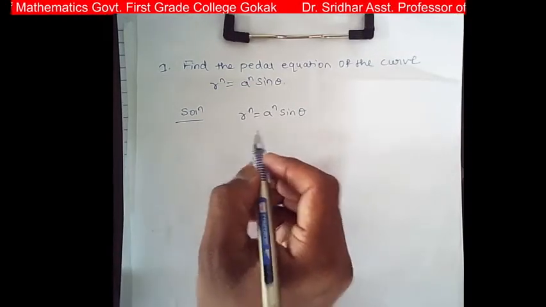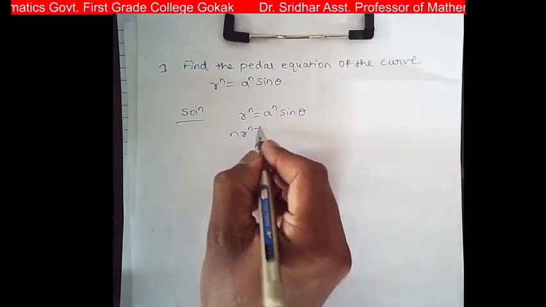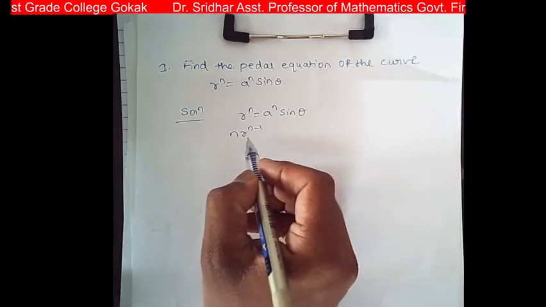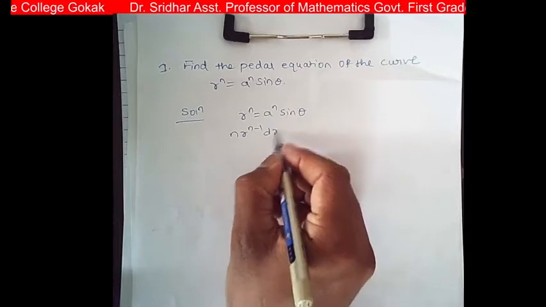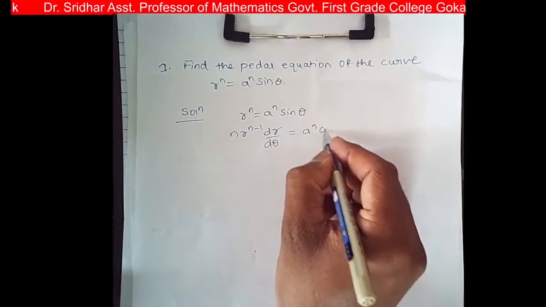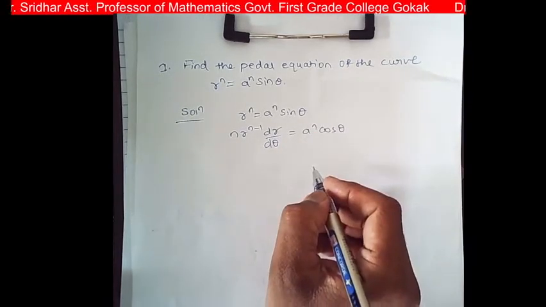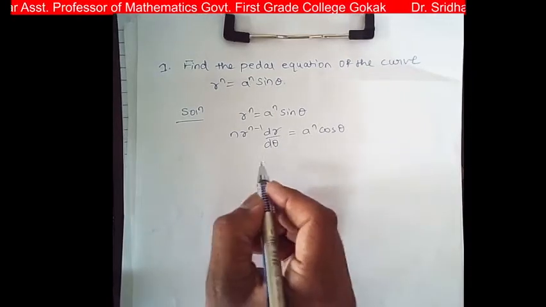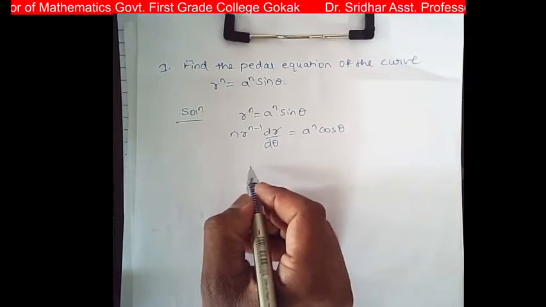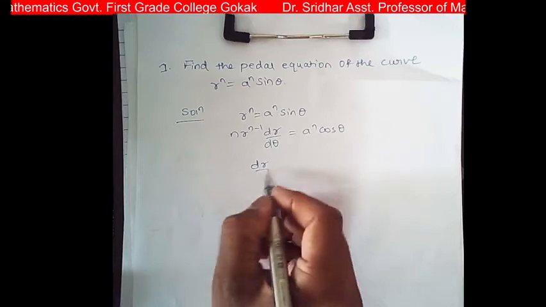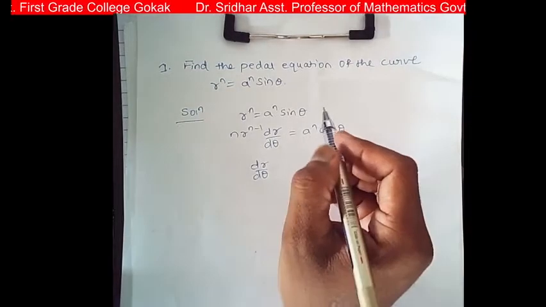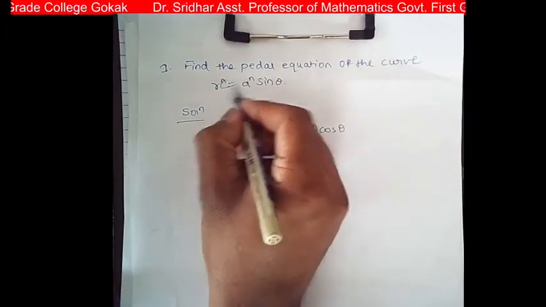Differentiating this directly, n into r raised to n minus 1, because x raised to n differentiates to n into x raised to n minus 1, into dr by d theta is equal to a raised to n constant, differentiation of sin theta is cos theta. Actually, let me make a correction.